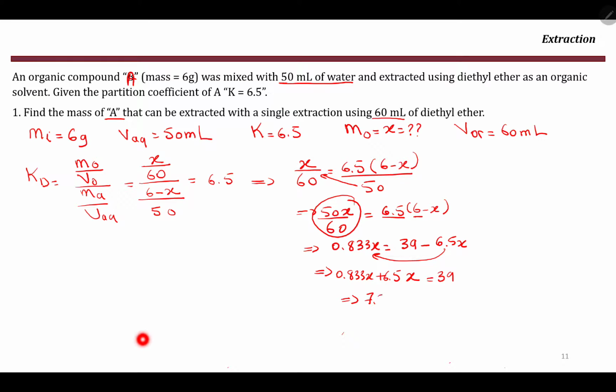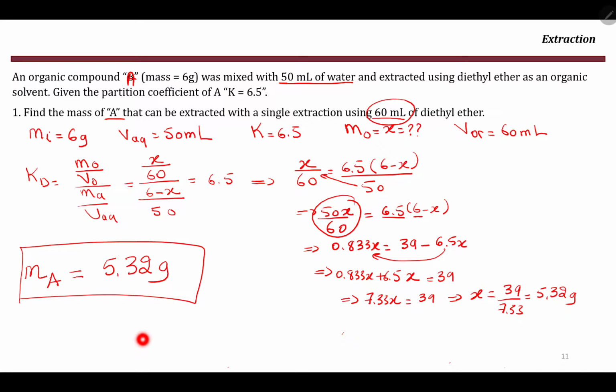So 7.33x equals 39, which means that x is equal to 39 over 7.33, and this is equal to 5.32 grams. So the mass of compound A that can be extracted using 60 milliliters of ether in the organic layer is 5.32 grams. Remember that this is the mass that can be extracted using single extraction.